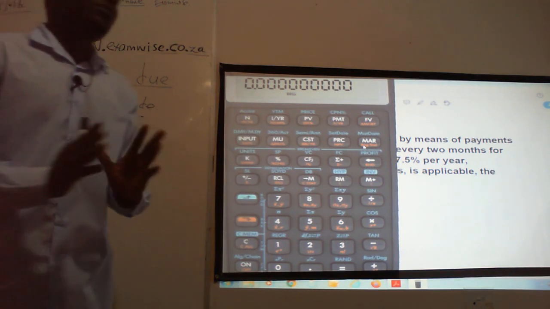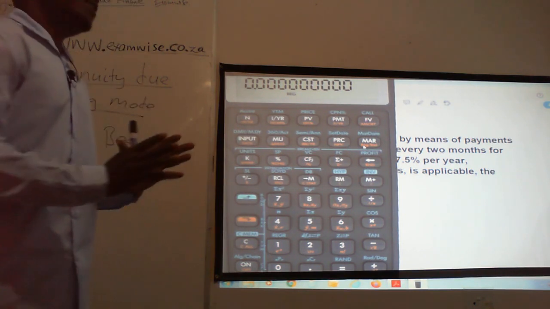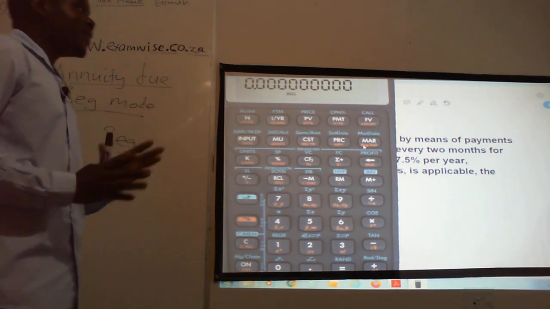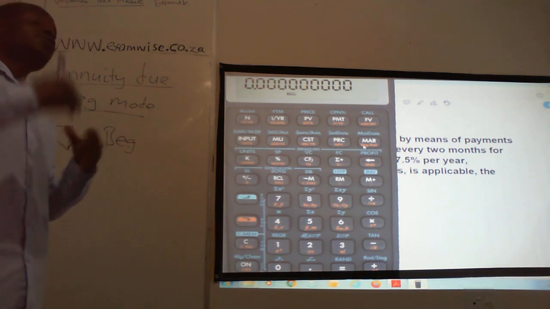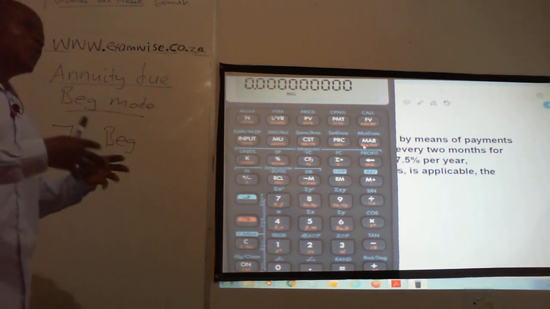Once we put our calculator in beginning mode, then we are done. The concepts which we discussed in the previous question also apply to this question.